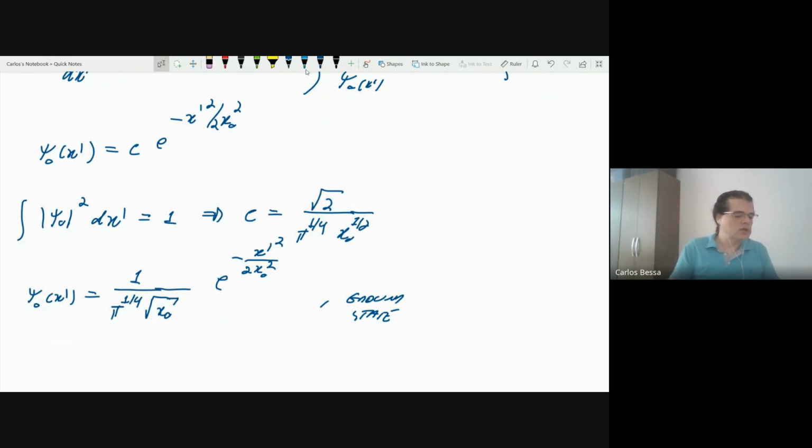So we can do the same thing for the other states.